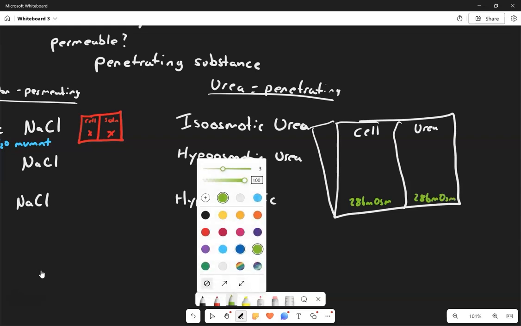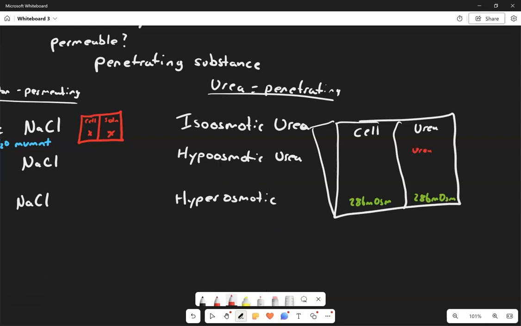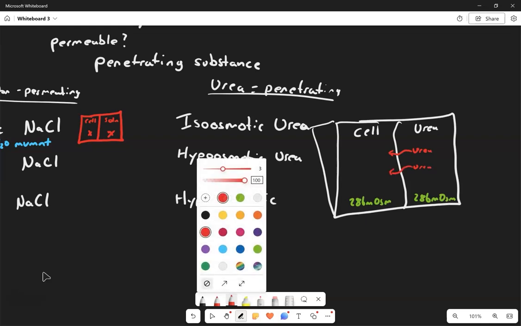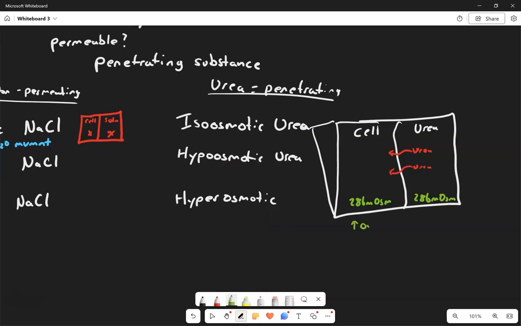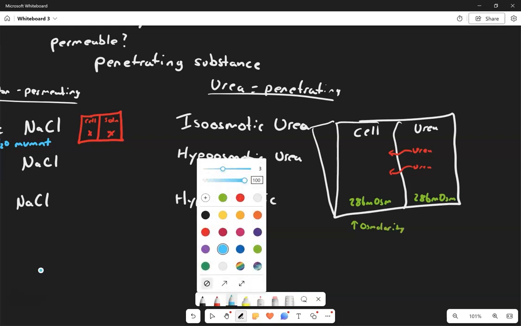Okay, but urea is a penetrating substance. So the urea will move into the cell. Right? And so if urea moves into the cell, what's going to happen? Your osmolarity is going to increase inside of the cell. And what's going to happen?